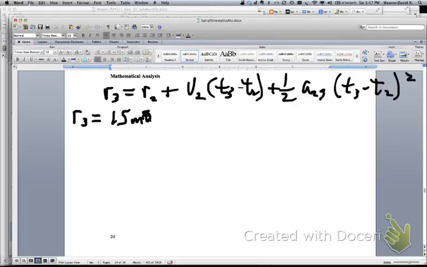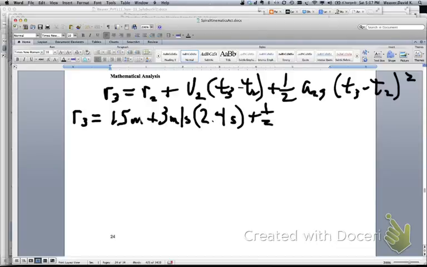Excuse me about that. Plus 3 meters per second, and then T3, if you'll remember, is T2 plus 2.4, and when we combine that, the change is 2.4 seconds.